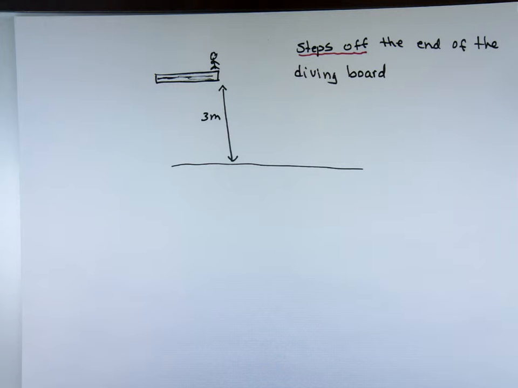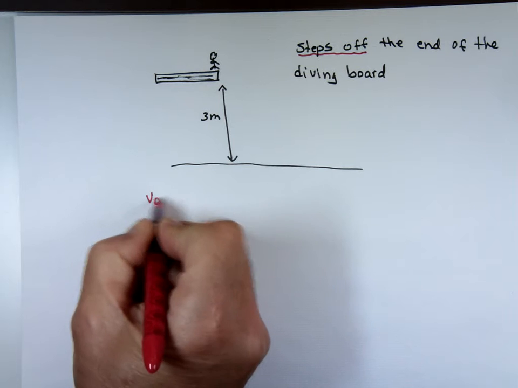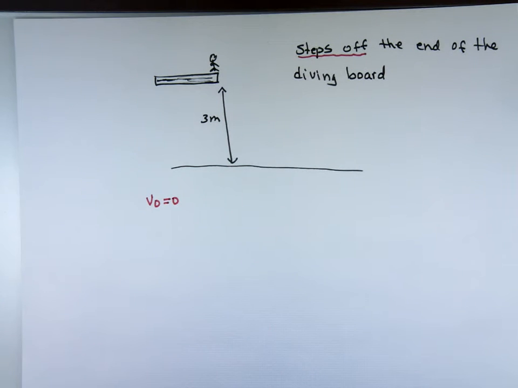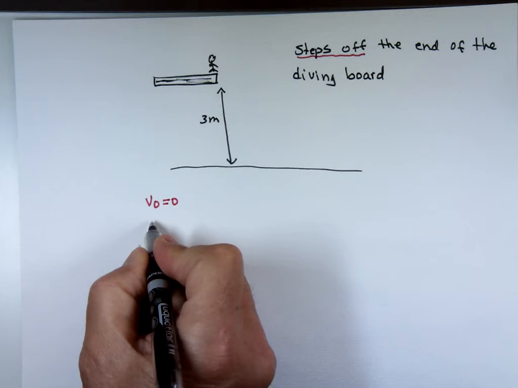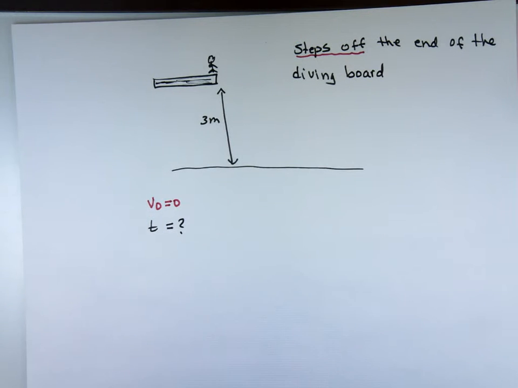I'm talking about the y direction, up and down. You didn't jump up. Somebody didn't throw you down here. So that means my initial velocity in the y direction is actually 0. The question is, how long, time-wise, would it take the person to hit the ground? So here's the first question.